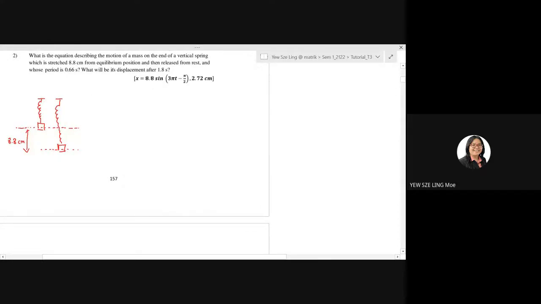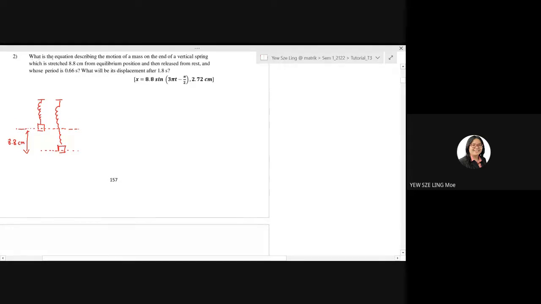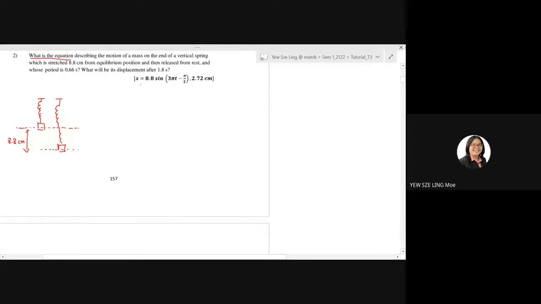Now, what will its displacement be after 1.8 seconds? So first of all, it's asking for the equation, which means it wants you to form equations. Now, to form equations, you need to know the position of the object at time t equals 0.